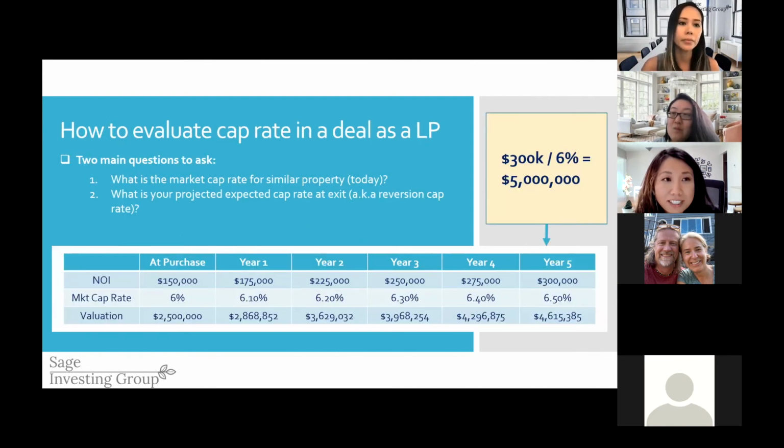Yeah, let me just clarify. The market cap rate is not as meaningful when you're revaluing a deal that is not stabilized, or where they're not maximizing the NOI. Using the market cap rate in this example will not generate a really meaningful valuation. Where it comes into play in our underwriting in these cases is when we exit. In this example that Lana put up, right now the market cap rate is at 6%, and we're projecting that it's going to get worse and increase to 6.5%, which ultimately equates to a $4.6 million valuation.